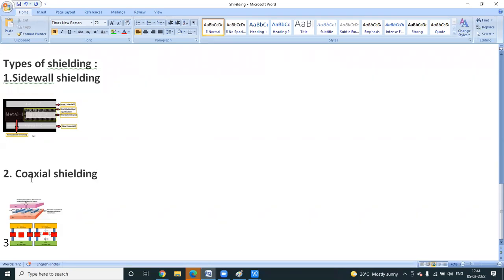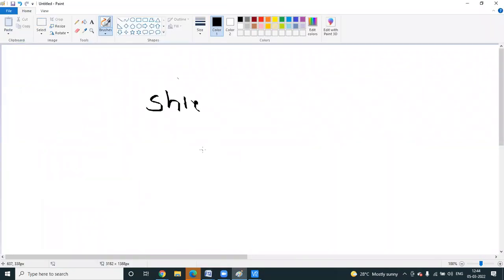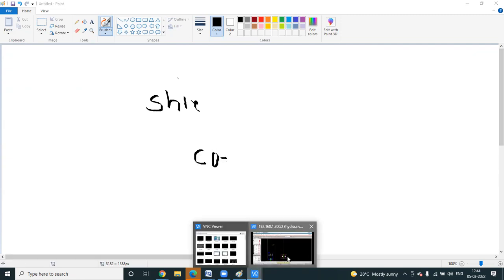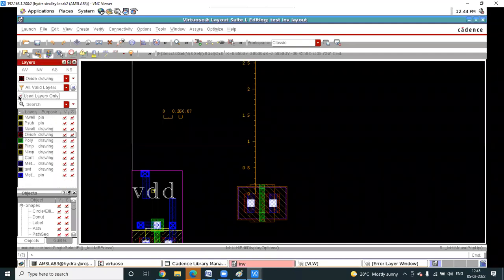If you are protecting only top or bottom, on both sides, that is called sidewall. The second one is coaxial, all sides protected. That is called coaxial shielding. I'll show you in the layout. Practically you also need to see this.